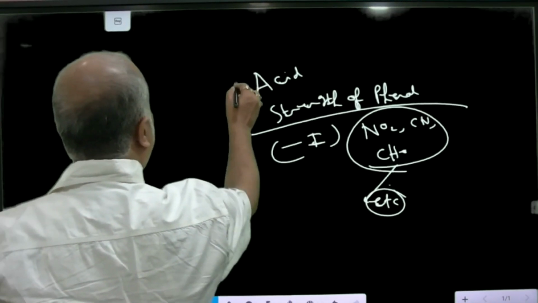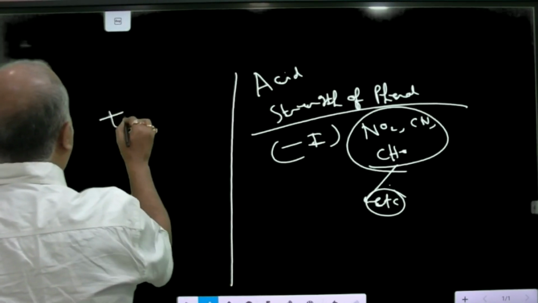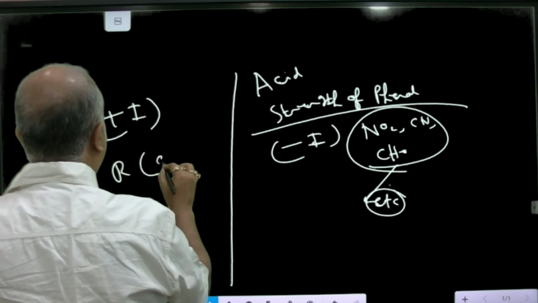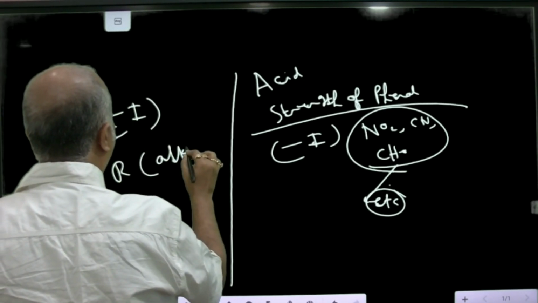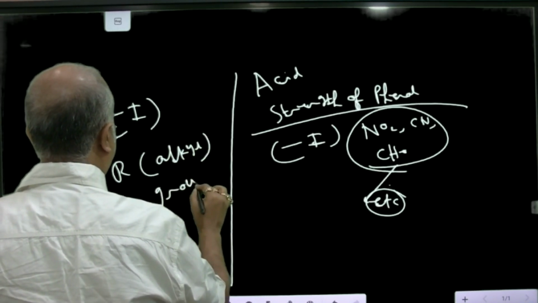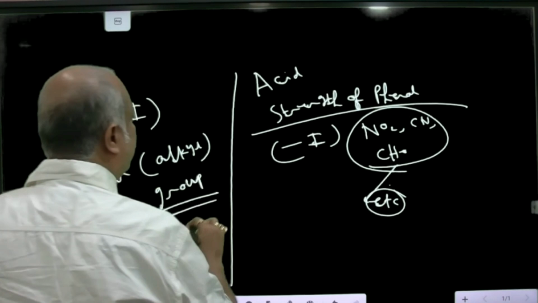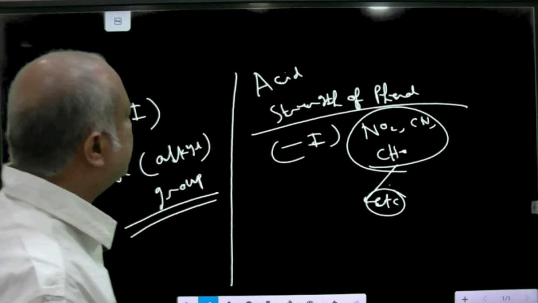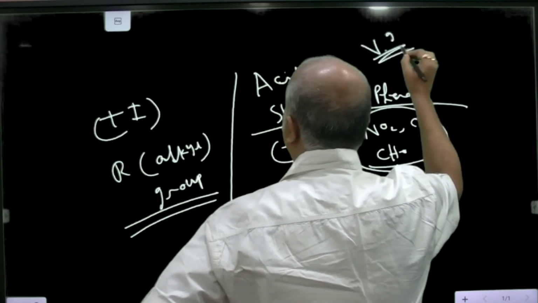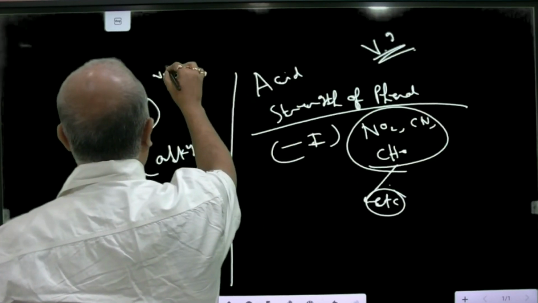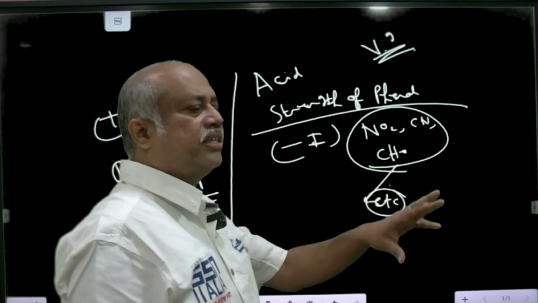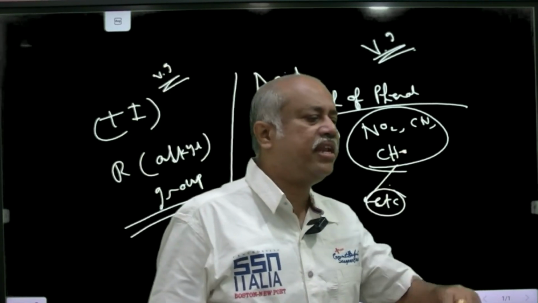On the other hand, plus I effect, like alkyl group, mainly alkyl group, decreases the acid strength. This is a very important topic for entrance exams. Phenol itself has higher acid strength than any aliphatic alcohol.